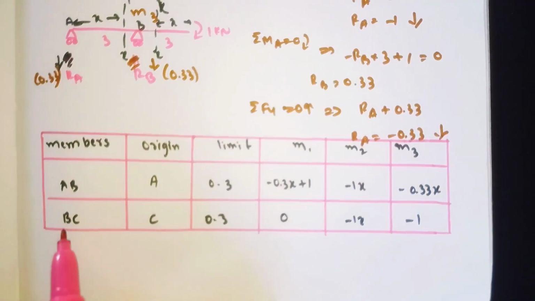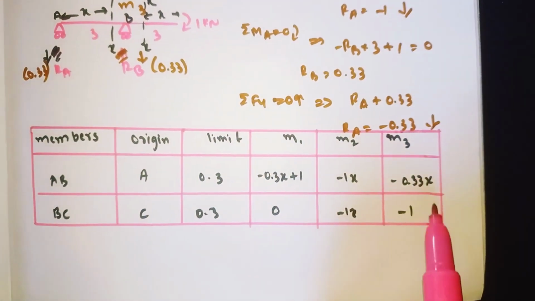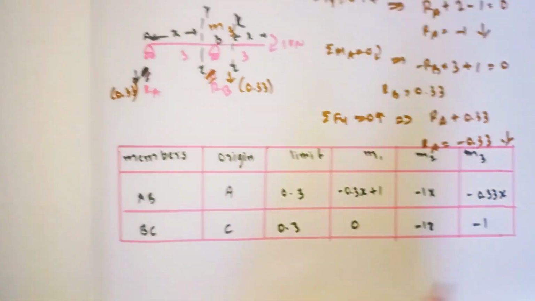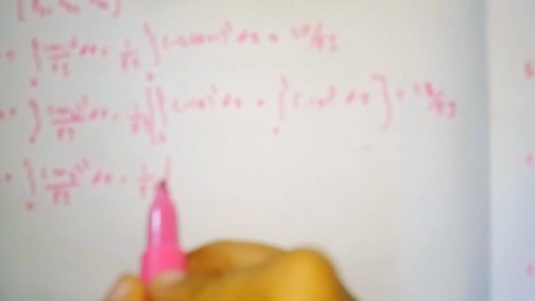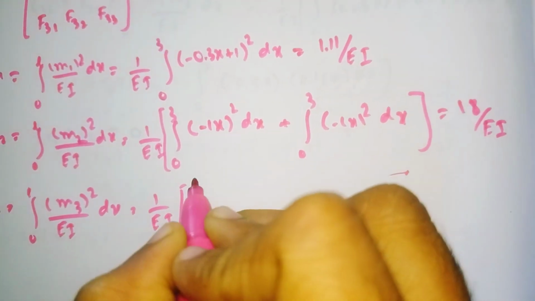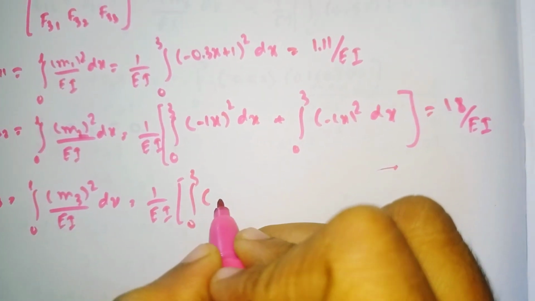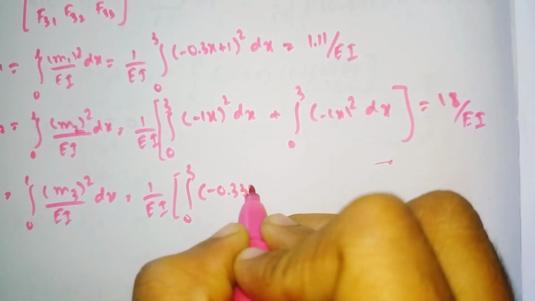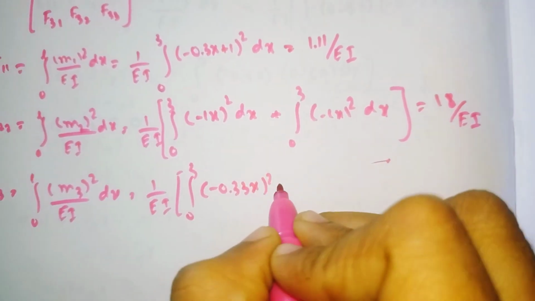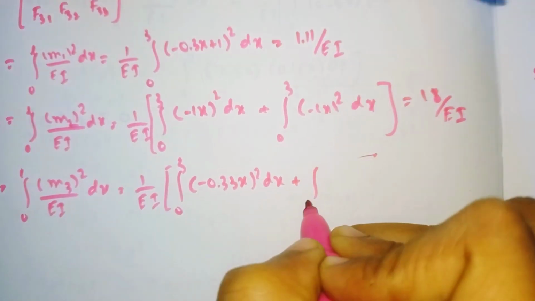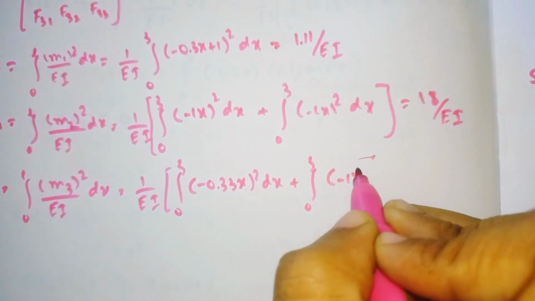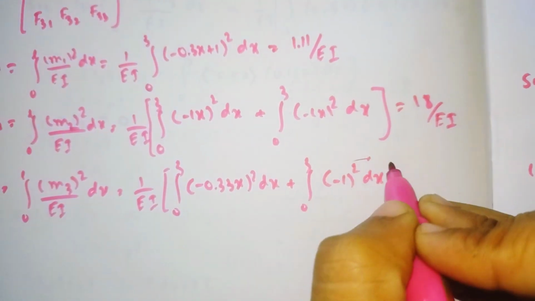M3 is minus 0.33x. For BC our M3 is minus 1. We need to add these two and integrate separately. For 0 to 3, the value is 0.33x square dx plus integration of 0 to 3 minus 1 whole square dx.